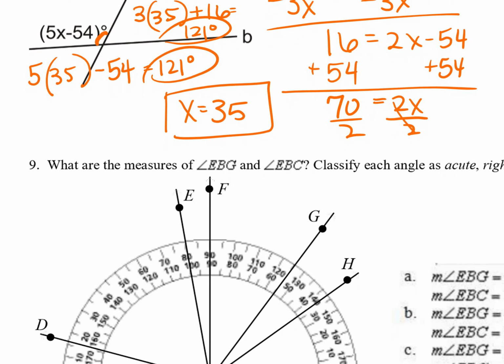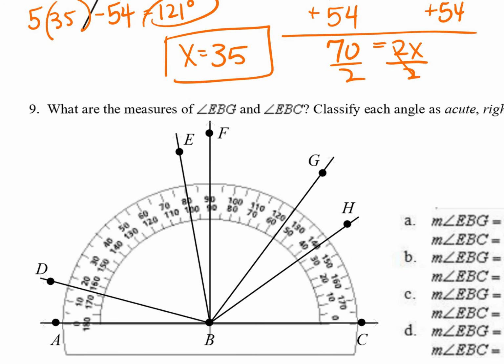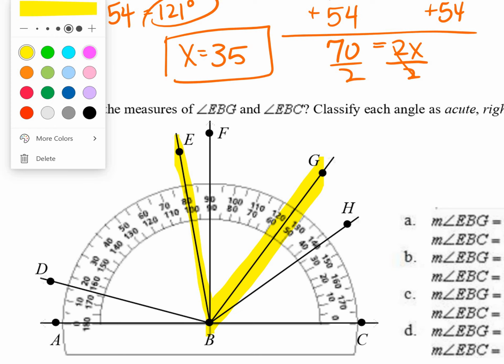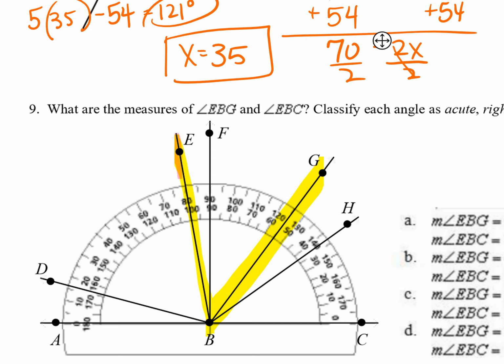All right, next one. What are the measures of EBG and EBC? All right, so I'm just going to count on my scale here. So I've got from 100 down to 55. So 10, 20, 30, 45 degrees.